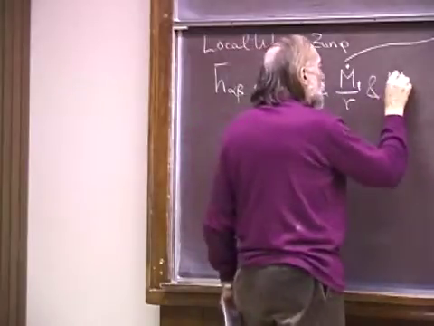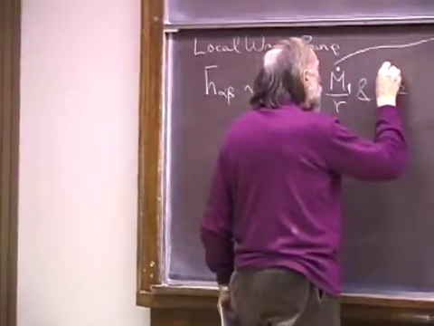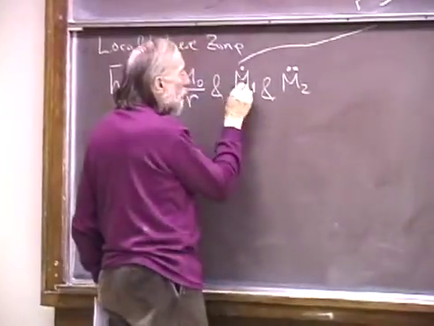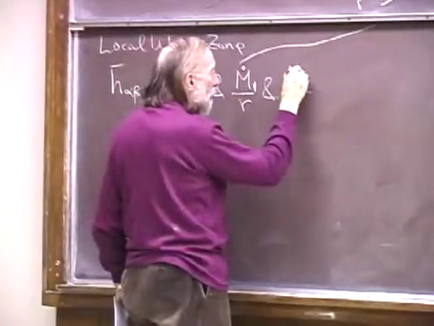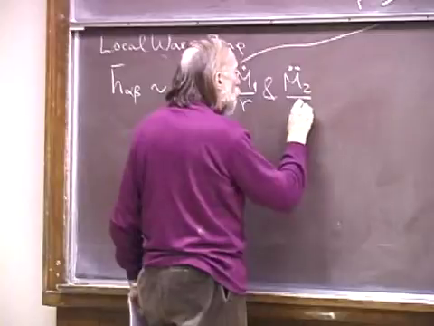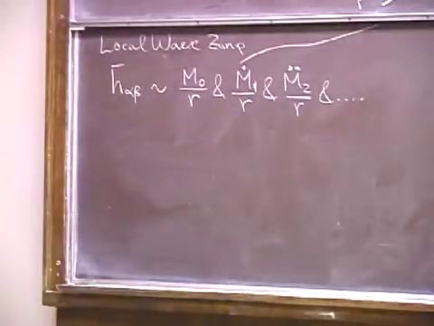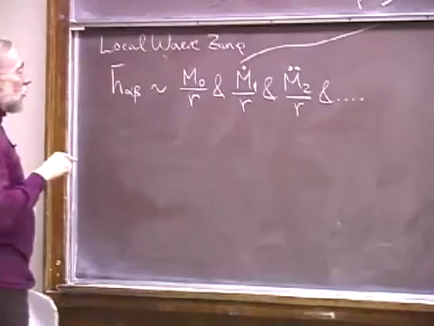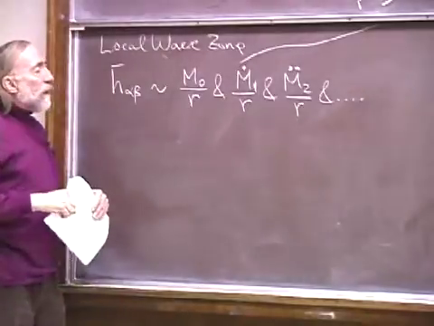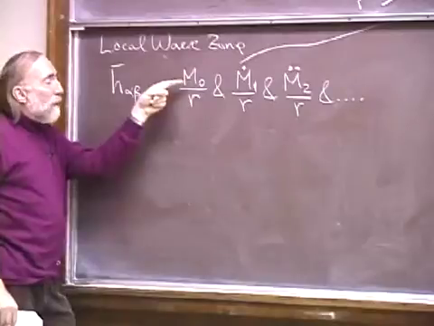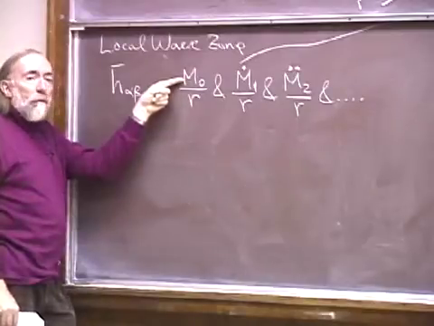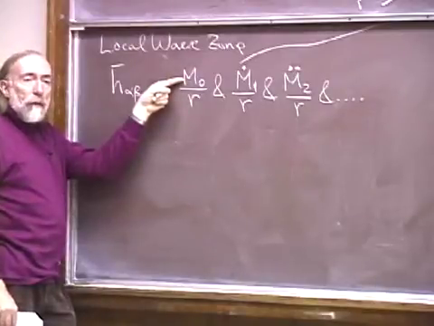And then there should be a mass quadrupole moment of the source with 2 time derivatives, 1 time derivative on the mass dipole moment, 2 time derivatives on the mass quadrupole moment over r, and so forth. And then I told you that as in electromagnetic theory, so also here, there would be not just the mass moments, which are the analogs of the electric moments of a source in electromagnetic theory.